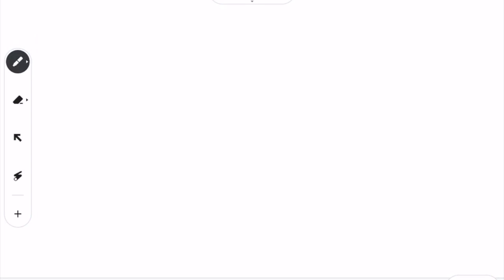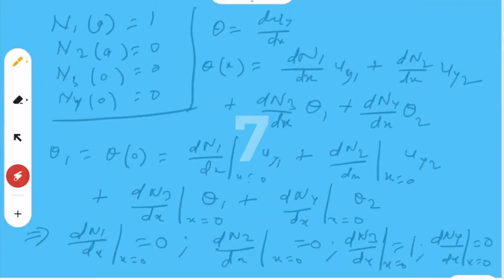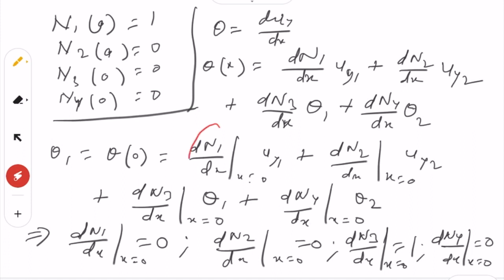So, basically we can sum up here with the requirement of n1. What will be the requirement of n1, for example? Okay. So, n1 will be something like this. Say this is a beam, and the n1 value will be equal to 1 at this value, and slope will be 0, meaning that dn over dx is 0, right. So, see here, dn1 over dx equal to 0.